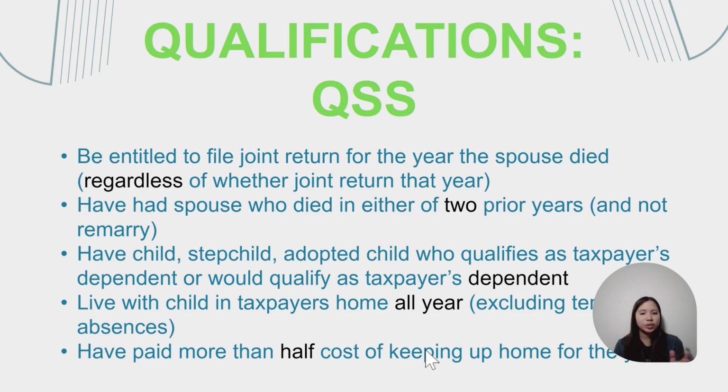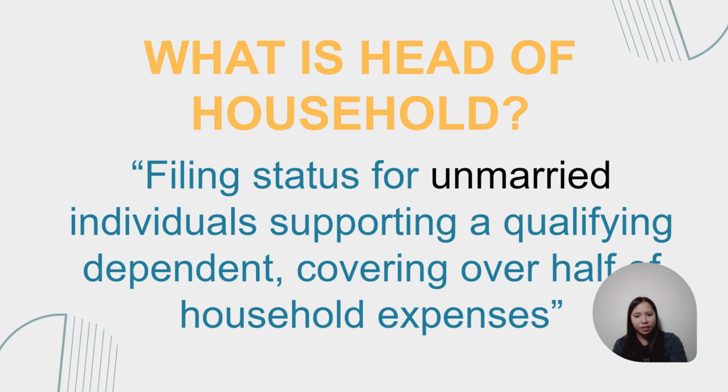But in order to do this, you have to, as a taxpayer, have paid more than half the cost of keeping up the home for your dependents. And this kind of goes in with the next filing status. But for filing status, we've already talked about the test for what a qualifying dependent is.